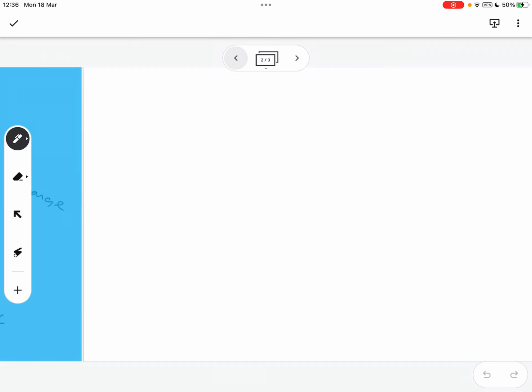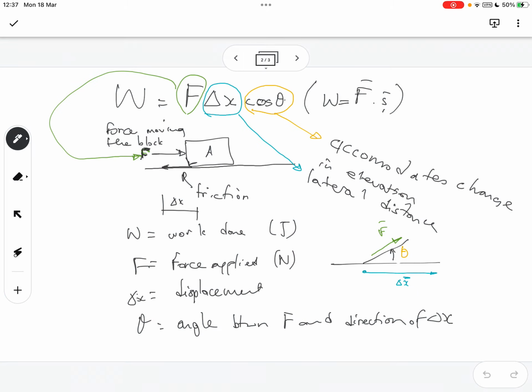So if there is a force acting on the object and the horizontal component is acted upon by another force in the opposite direction, the cos theta accommodates that. That's why we had the negative 180 degrees in some of the problems we were solving over the weekend.